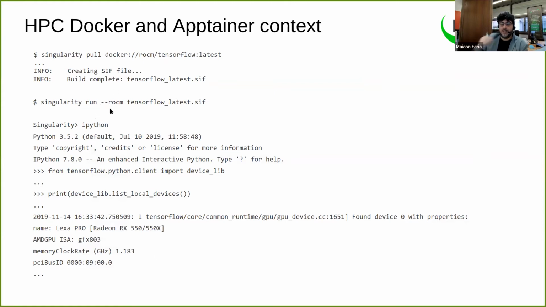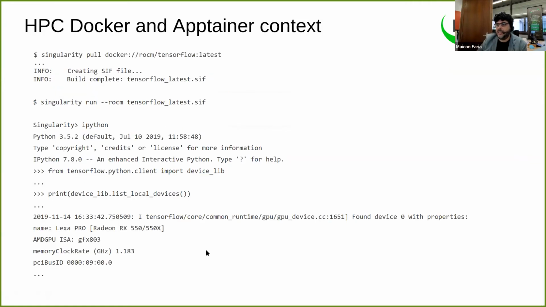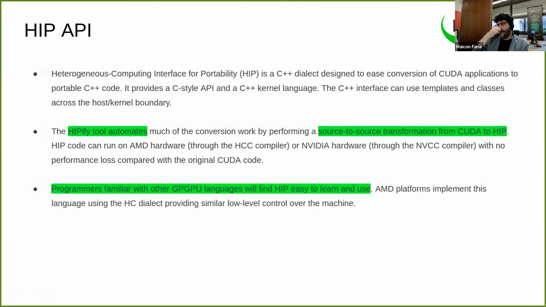You have that flag, which is very important, so you expose your container to the AMD hardware, the AMD GPU, using this flag. You can use Python and run that. I will present that; this is just showing how to use it. I will show one benchmark using the GPU, the MI50 that I commented on previously. Well, the HIP API is quite good.